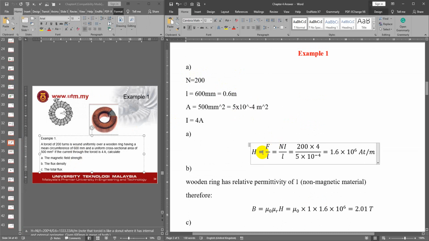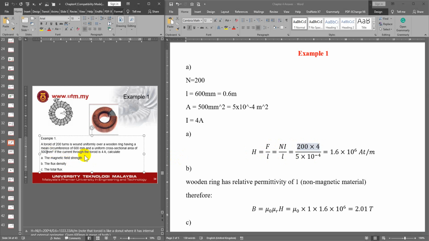Then for H, use the formula: magnetic field strength H equals F divided by L, which is N times I divided by L. Given the current, the ampere turns, divide by the length, also given. Then you get the answer.